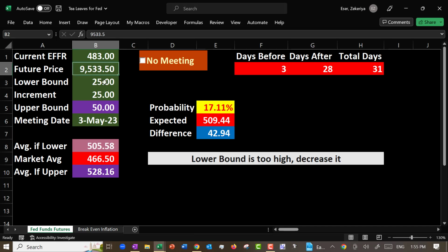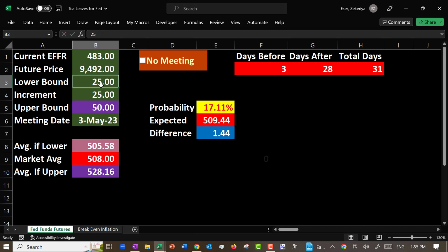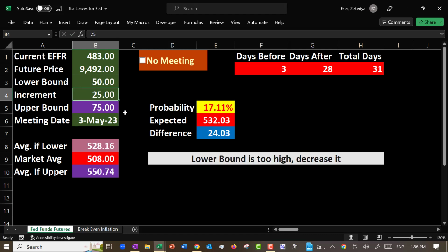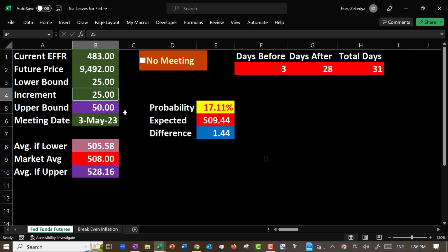Okay, market thinks that there's going to be another 25 at least in May. And since there is no warning, right at that 50, too much, 0, too little, you just figure out what's the minimum it's going to be, 25, and what are the chances that they could do a 50 in May as far as the market is concerned.